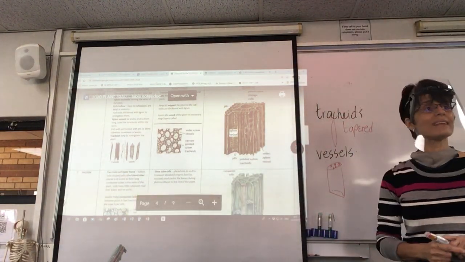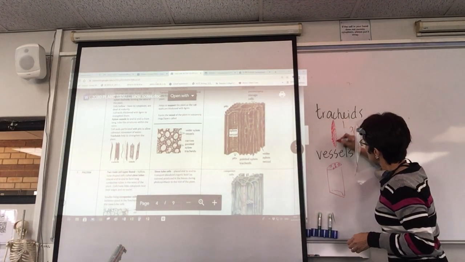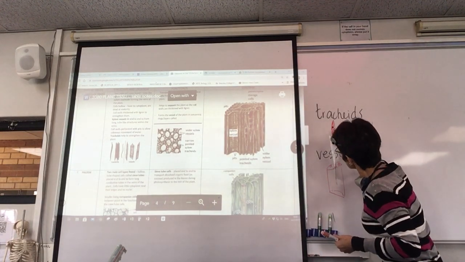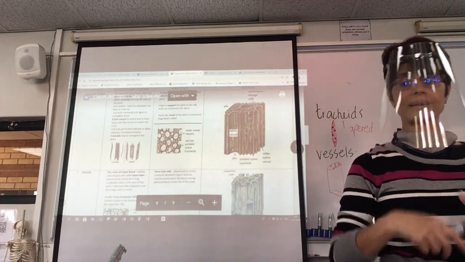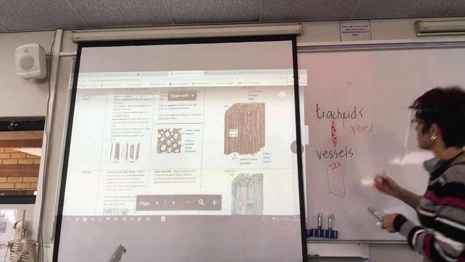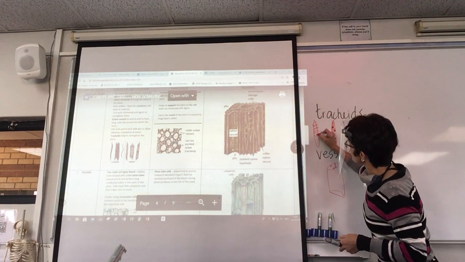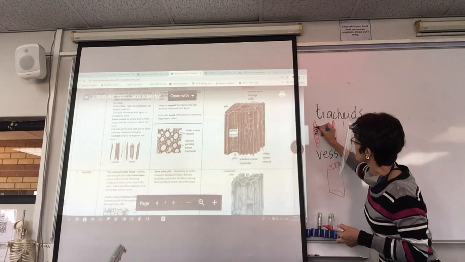So they also have lignified walls, lots of lignin, but they also have pits of cellulose. But that's not the only pattern, and I really did not go into this online, and I usually don't go into a lot of detail either, but they could have other wall thickenings. They could have spiral-shaped wall thickenings with more cellulose in between.